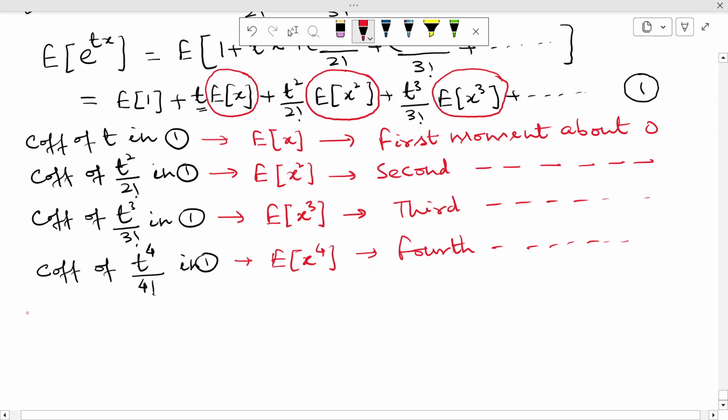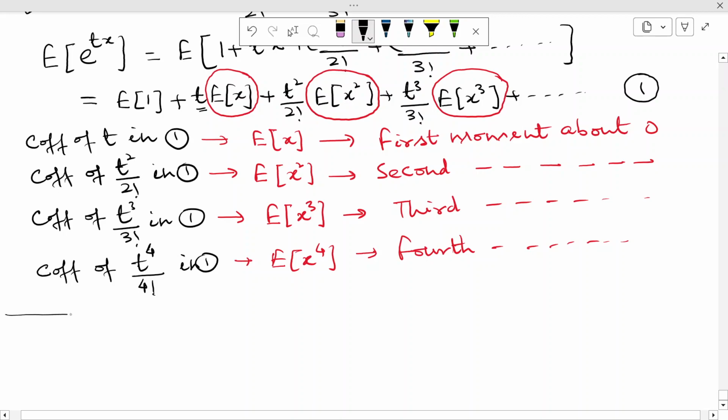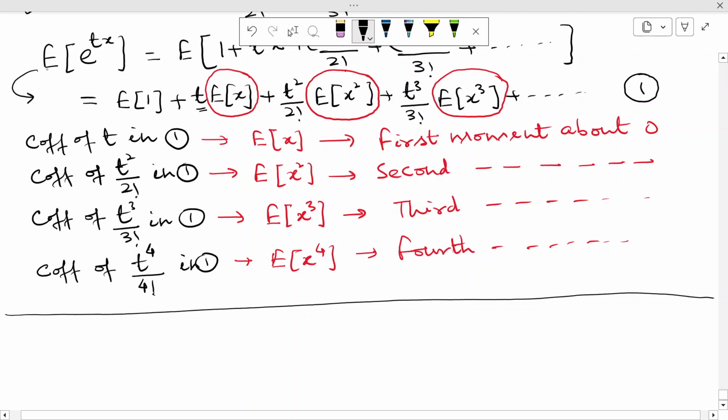Now the second method which we can use to determine the moments from the moment generating function. Again, as we wrote here, expression 1, now what we will do is differentiate this expression 1. Because this expectation of e to the power tx is the moment generating function, for simplicity I will write this as M(t).